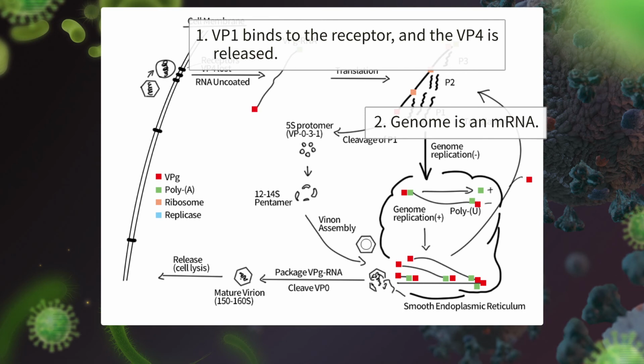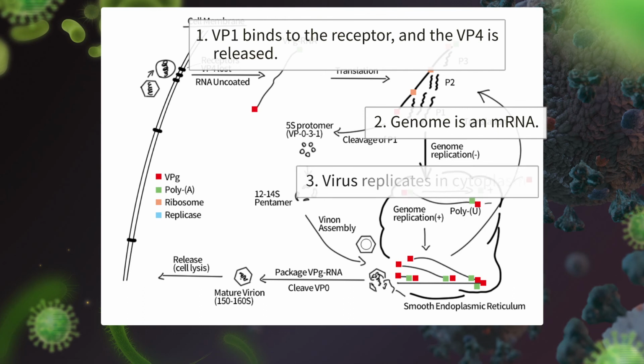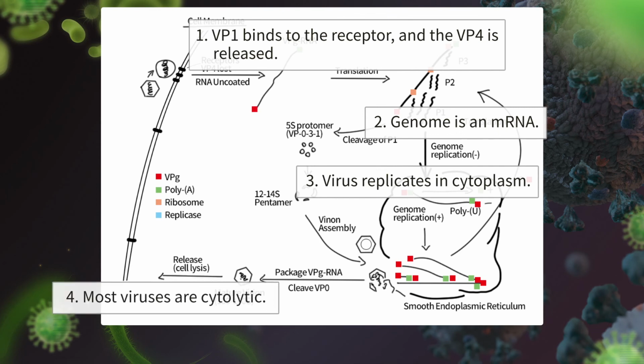The genome is an mRNA, and can be used to translate proteins directly. 3. Virus replicates in cytoplasm. 4. Most enteroviruses are cytolytic, replicating rapidly and causing direct damage to the target cells.